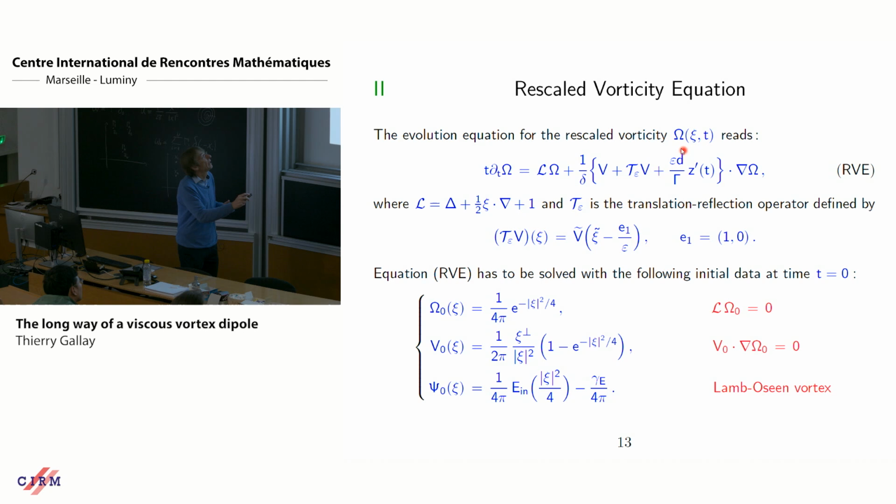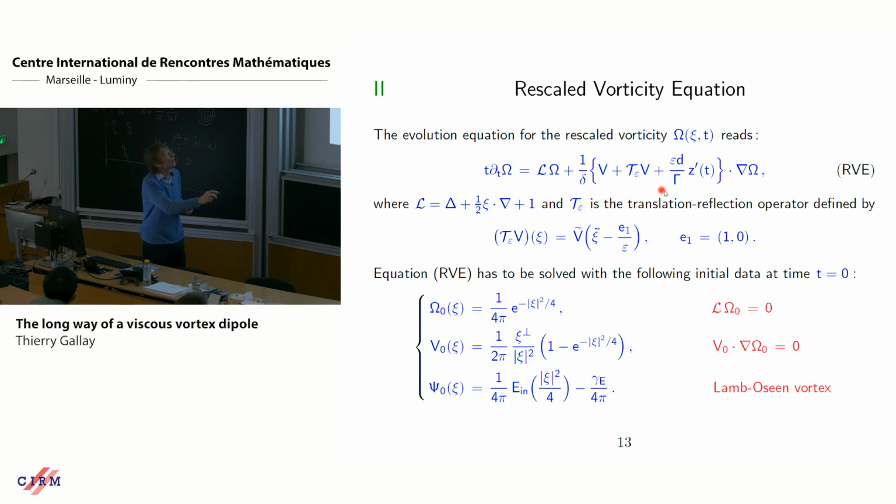Okay. Now, this is the mirror vortex. This is a sort of translation reflection operator. I mean, in my new coordinates, if I'm sitting on the vortex on the right, the other vortex is at distance 1 over epsilon in the negative direction. So when epsilon goes to 0, initially the other vortex is at infinity in my new coordinates compared to the diffusion length. So you are advected by the velocity field of yourself and of the mirror vortex.